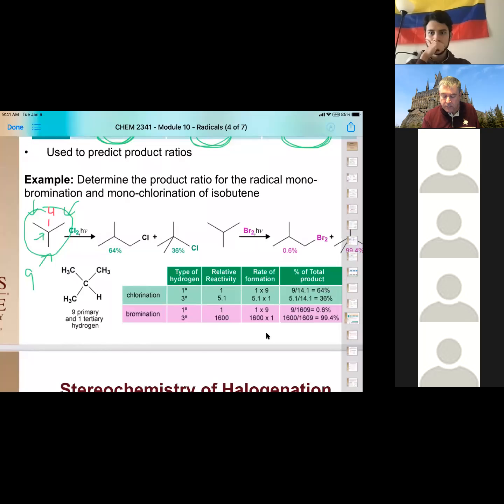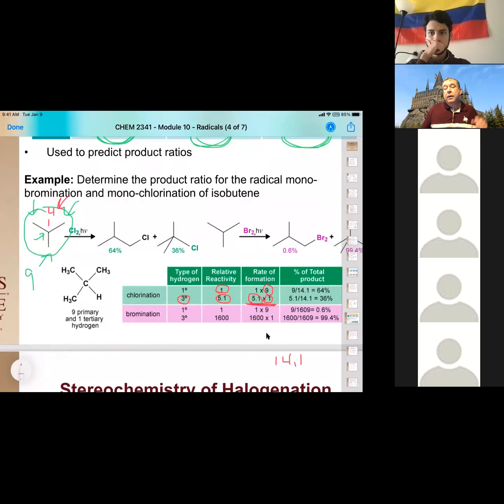So when we take that into account, we have a relative reactivity ratio of 1, but we have 9 hydrogens available to us, which should give us a total of 1 times 9 is 9, plus the other reaction available to us. And tertiary is 5 times faster, but we only have 1 hydrogen there. So that means it's 5.1 times faster times the 1 hydrogen. So the total number here is going to be 14.1.